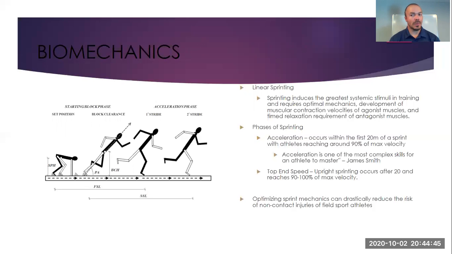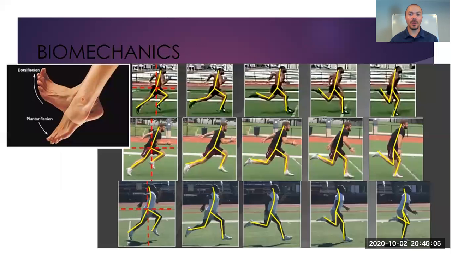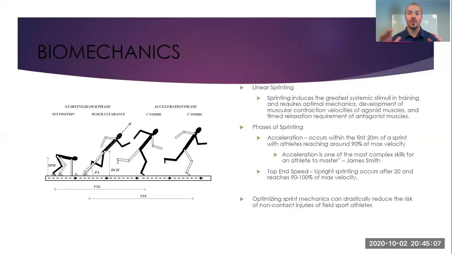So if we are running sprints that are consistently longer than that, that may not be as efficient as possible. Maybe with these shorter sprints, if we're working on power output or biomechanics, that's where we're going to make a little bit more impact and should focus a little bit more. It's just a thought.